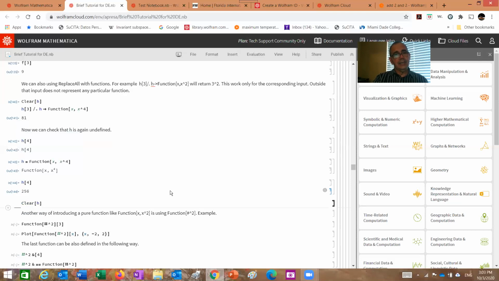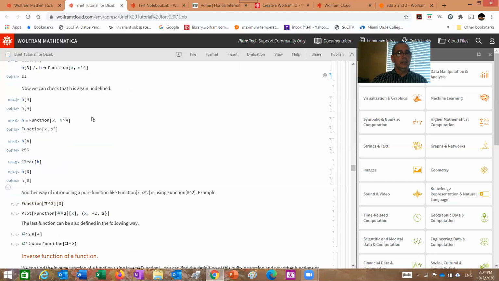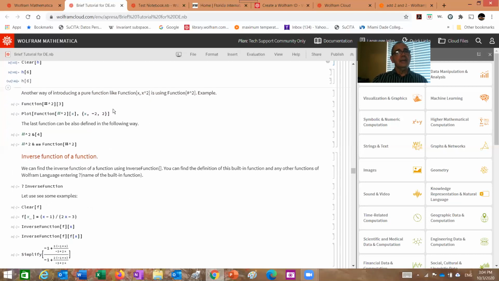Once you clear h, you can find h of any number, let's say h of 6, and you're going to see that it returns h of 6 because there is no defined expression for h. Now, another way of expressing pure functions, which is similar to the one that we saw before, is the following.